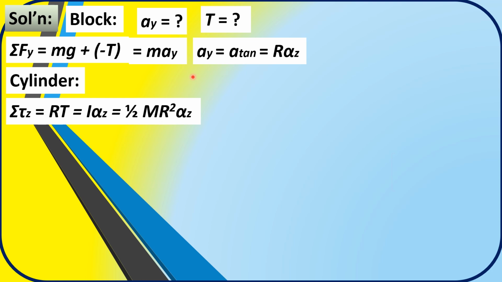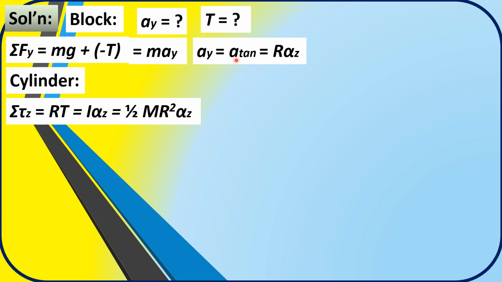Since we assume that the cable, as it unwinds, doesn't slip, neither does it stretch, the relationship between the tangential acceleration, which is the linear acceleration a sub y, and the angular acceleration labeled here as alpha z, will apply in the situation.